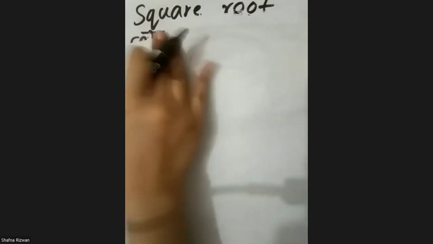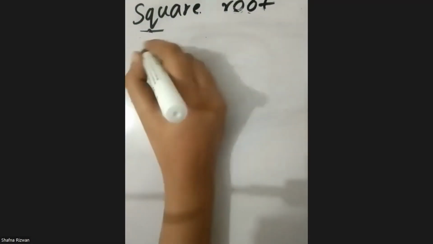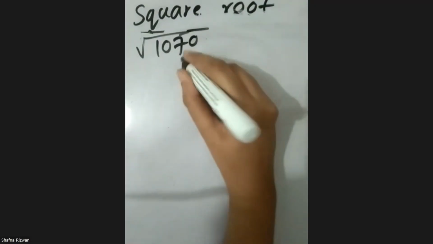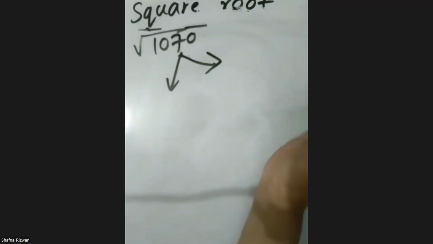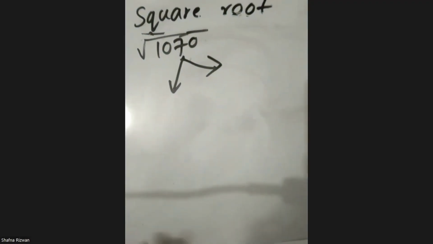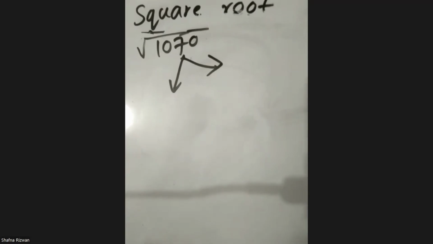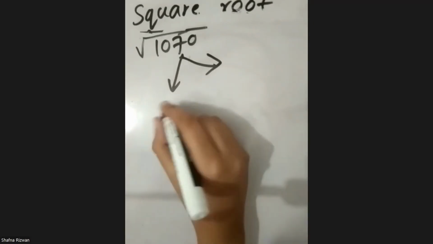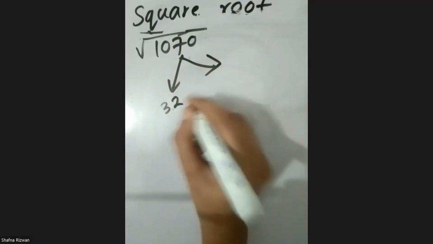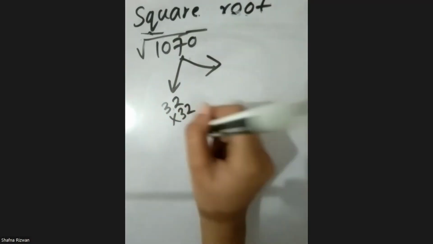Now the last question that we have here is 1070. Okay, now tell me what are the two numbers which are closer to 1070? You can take like 32 or something like that. Yeah, 32 multiplied by 32 is how much?